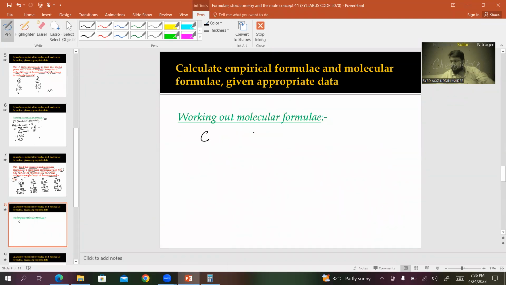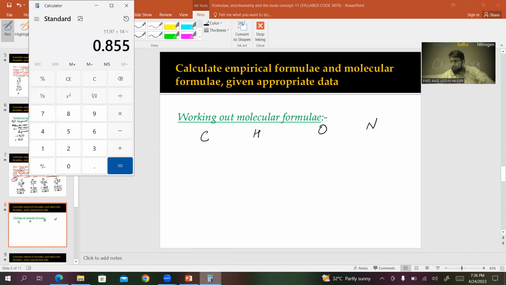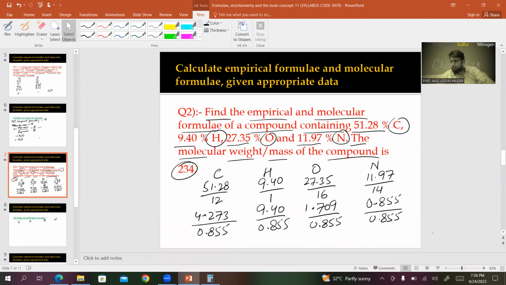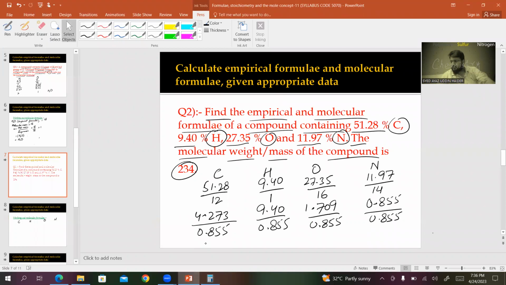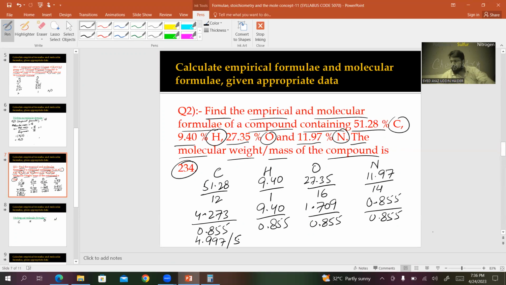We have carbon, hydrogen, oxygen, and nitrogen. For carbon, what will we get? When you divide 4.273 by 0.855, you will get 4.997, which will become 5.